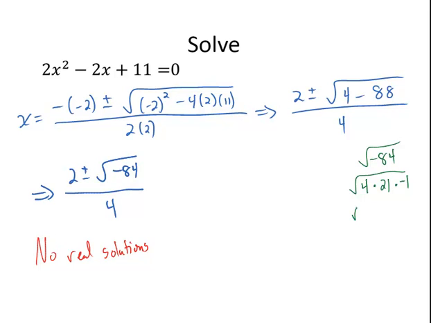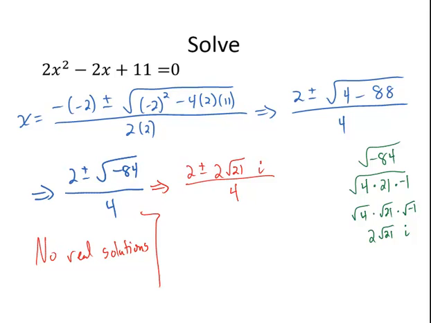And I can break that up as the square root of 4 times the square root of 21 times the square root of negative 1, which can simplify as 2 square root 21. And remember, we can replace the square root of negative 1 with the symbol i, the imaginary unit. So I have 2 plus or minus 2 square root 21 i over 4.